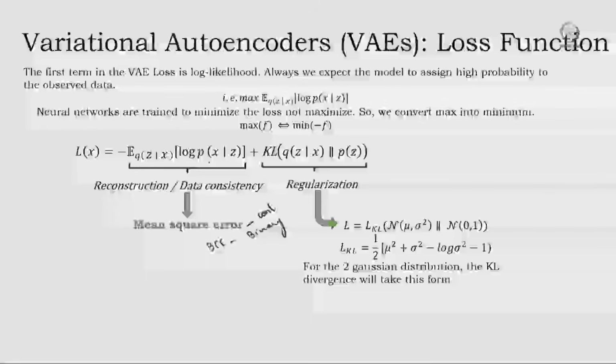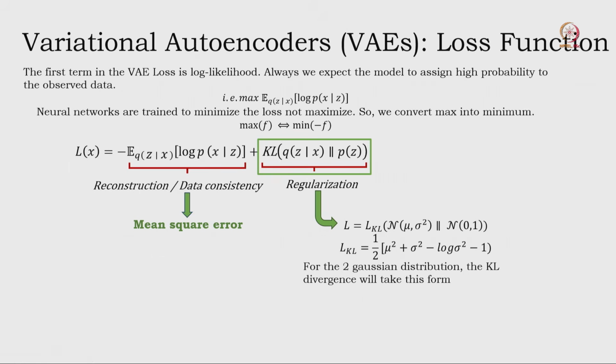In reality it is a maximization, but a neural network is often trained to minimize the loss, not maximize. So if you want to convert a maximization of a function into a minimization, you add a negative sign. Therefore there is a negative sign on the log likelihood term.